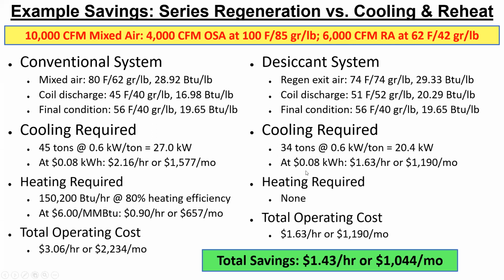Same 8 cents per kWh. We get almost $1,200 per month. No heating. The total cost is $1,190 per month. Compared to this $2,234, we are saving $1,045 every month by using the desiccant wheel. So that was a quick example of that.